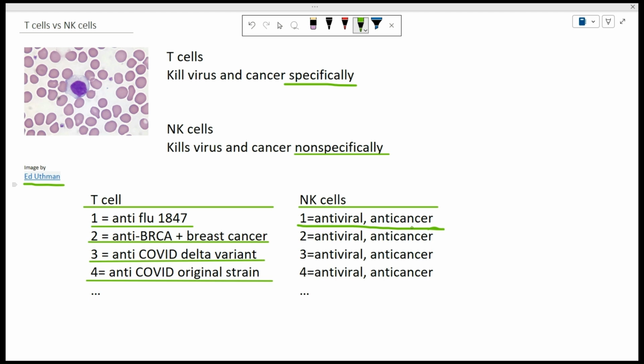It does not matter. This one natural killer cell can deal with it all. What about the second natural killer cell? Same story. It could kill any and all viruses, any and all cancers. And the thing is, it's non-specific.